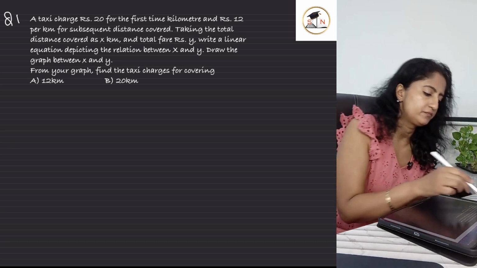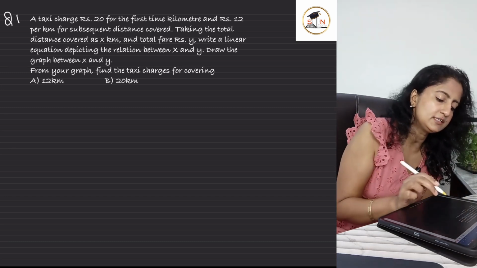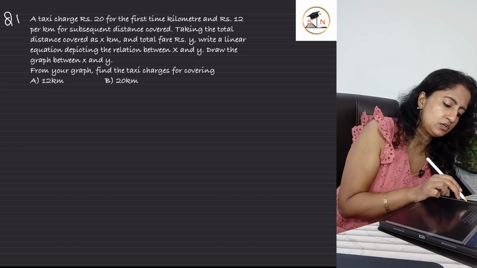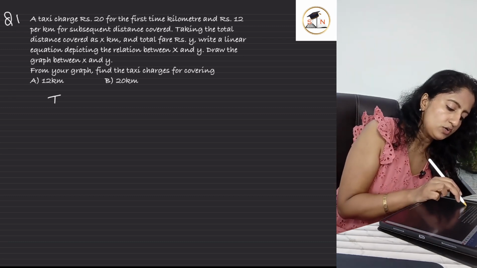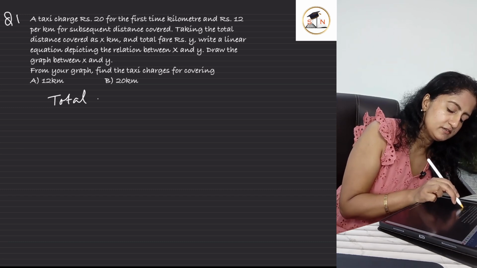ओके, लेट्स स्टार्ट. The first thing that they have said is that the taxi is being charged rupees 20 for the first kilometer, right? Total distance हम कितना travel कर रहे हैं?